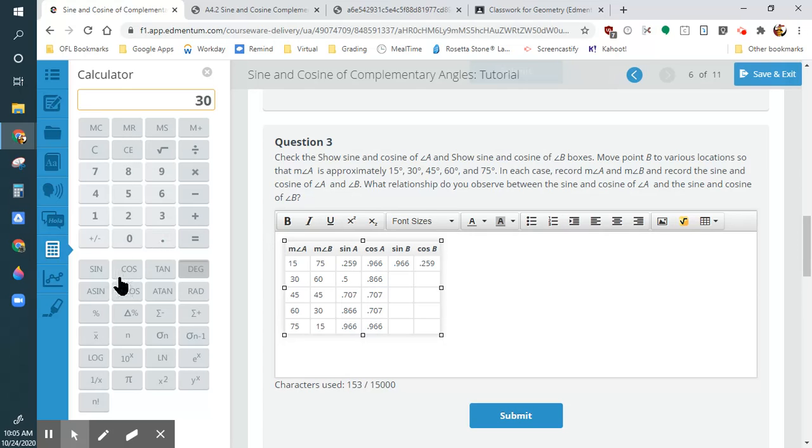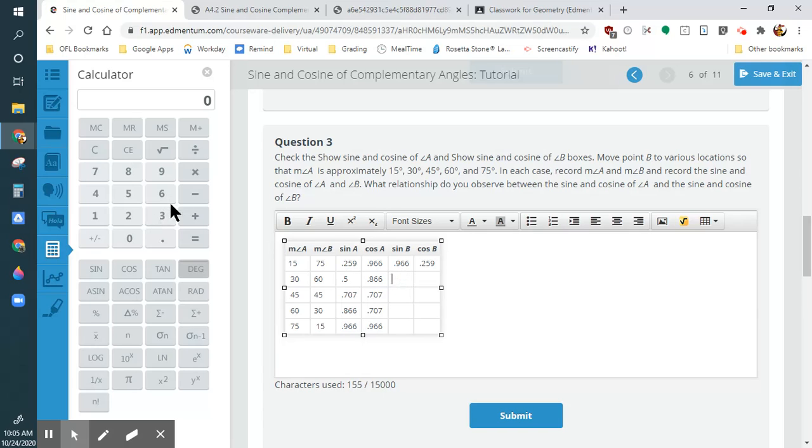And I'm going to do sine. And we see it does match up with, wait a minute. Did I do something backwards here? Hold on. Oh, angle B. Derp. We're doing angle B. So 60.